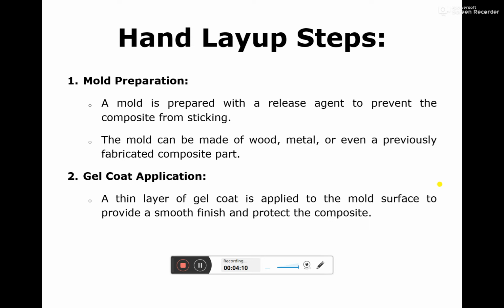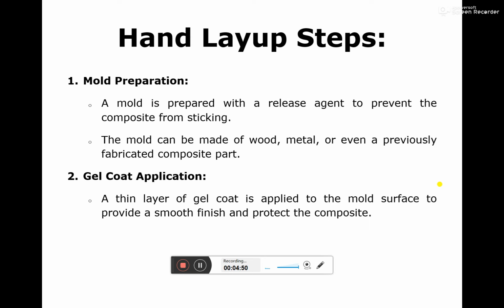You can prepare the mold by using materials like wood, metals, or different other materials also. Once after the preparation of the open mold, we'll apply the releasing agent, because after the fabrication of your polymer matrix composite by the hand layup process, we have to remove the product from our open mold.